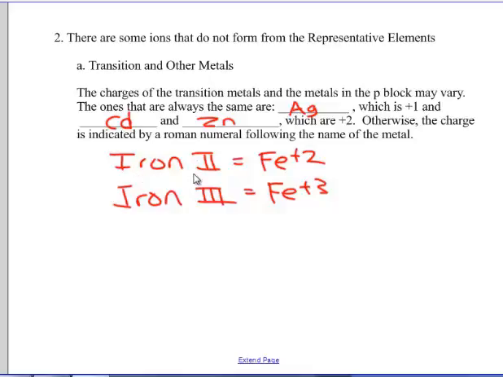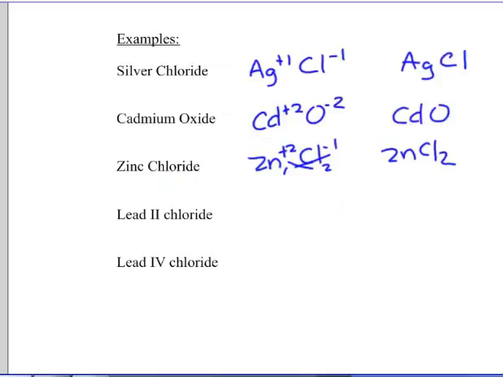Or iron Roman numeral 3 is iron with a positive 3 charge. We treat these just the same as any other ion, but you have to be told what the charge is. Here are some examples for silver, cadmium, and zinc. Go ahead and pause as you check these in your notes and write them down.